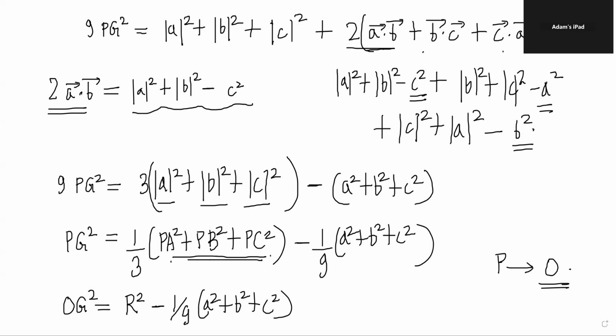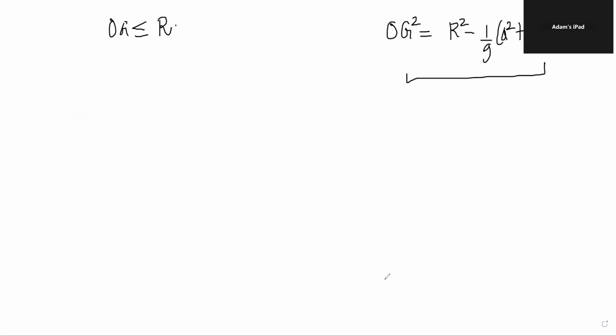Right now we have OG is less than or equal to R, right? Because OG square is equal to R square minus 1 by 9 A square plus B square plus C square. But we want a condition on it.